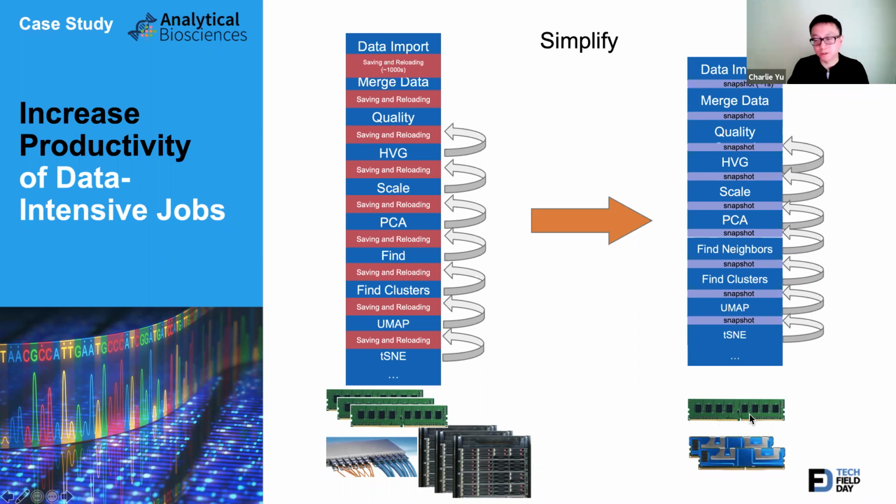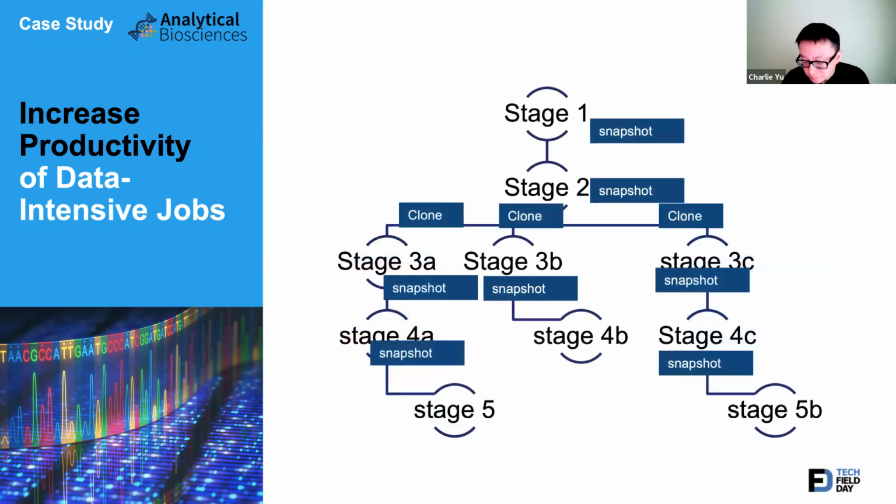We can hold multiple terabytes of the data in a memory tier without having to go all the way to storage every single time. And that obviously increases the performance, reduces the time. Number two is we use memory snapshots. We are basically doing snap, snap, snap, snap versus saving and then reloading, saving and then reloading. And this is a dramatic improvement of this pipeline.